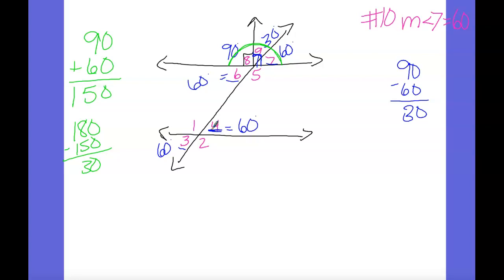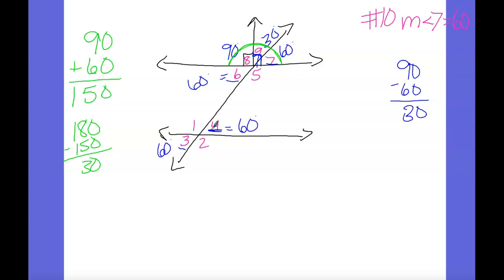How do you want to figure out 1 and 5? And 2, I guess. Those are corresponding interior. Corresponding, which ones? 1 and 6 are not corresponding. Okay. 1 and 6 are, oh wait a minute, consecutive interior.